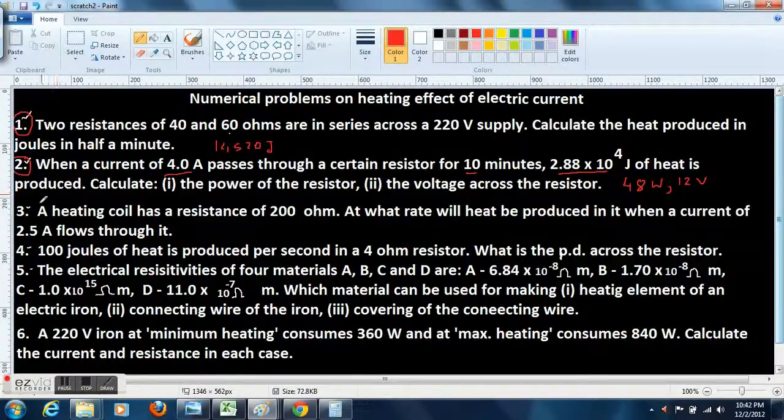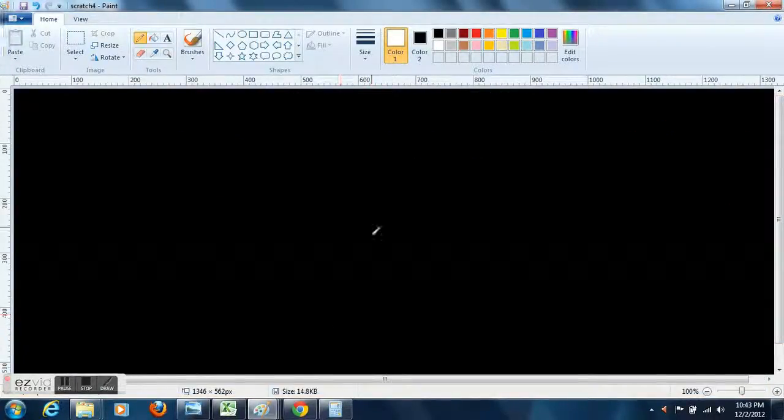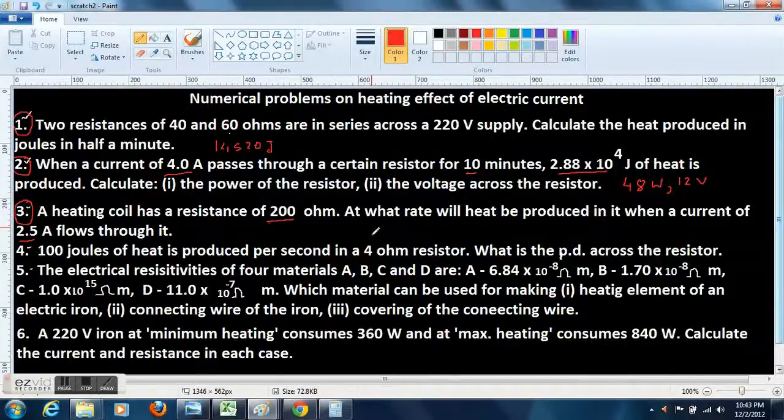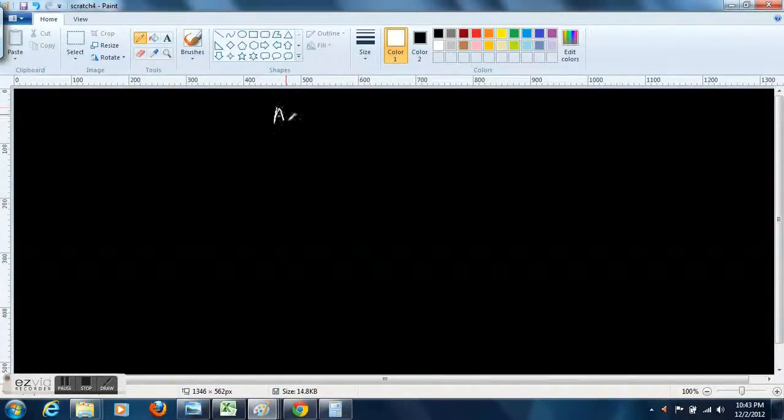Question number 3. A heating coil has a resistance of 200 ohm. At what rate will heat be produced in it when a current of 2.5 ampere flows through it? Okay. So when they say at what rate heat will be produced, that means we need to calculate how much heat will be produced in 1 second.